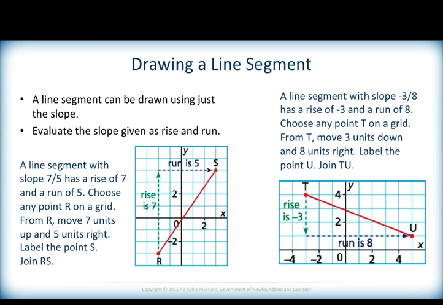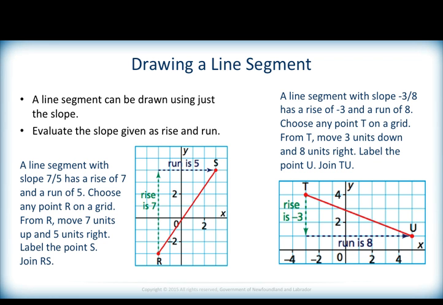In our second example, a line segment with slope -3/8 has a rise of -3 and a run of 8. So again, you're going to choose any point on the grid, and we're going to label that T. So we're actually going to start at a point of -3 and 4.